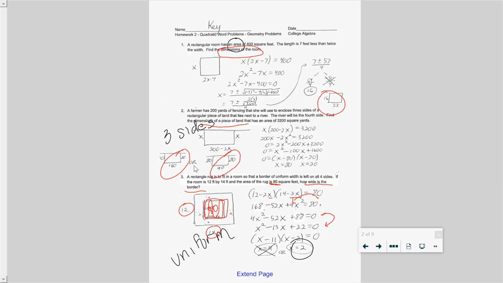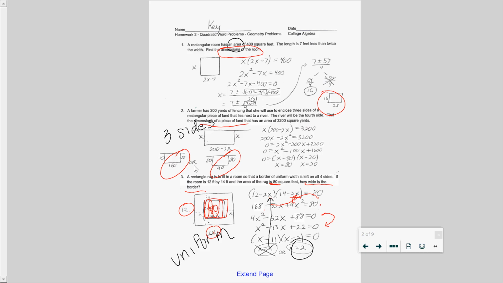Always try to reduce your numbers. I divided by 4 everywhere. Then you factor it, you get 2 answers, 11 and 2. The reason 11 doesn't make sense is that if I plug in 11 right there, I get negative dimensions.